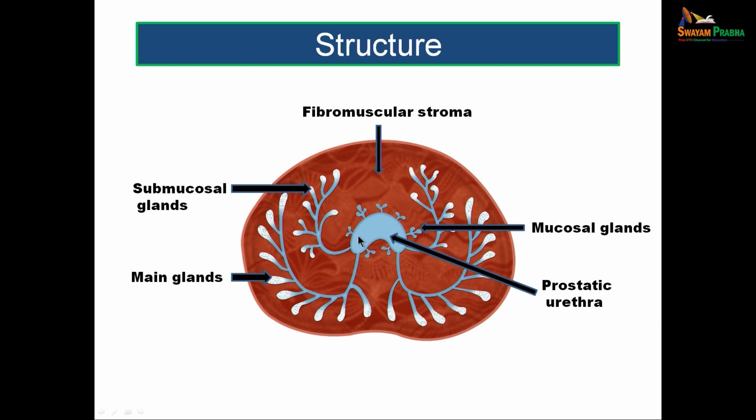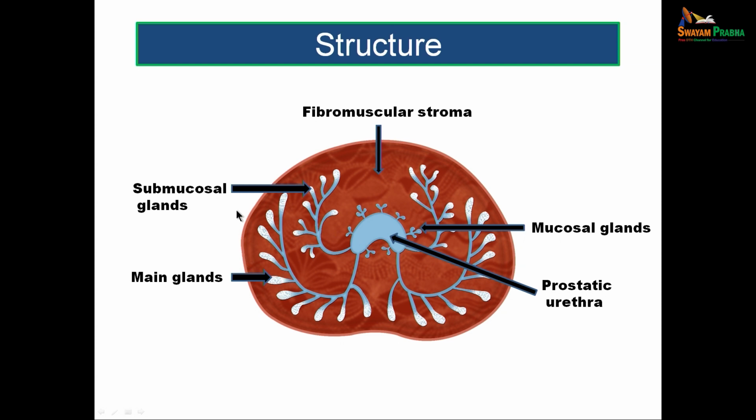The glandular part is arranged in 3 forms: the mucosal glands, which are simple, not showing much branching, with simple ducts opening into the urethra all around. Next is the submucosal glands, which are tubular glands with a little bit of branching, the ducts opening into the prostatic urethra at the level of the seminal colliculus.